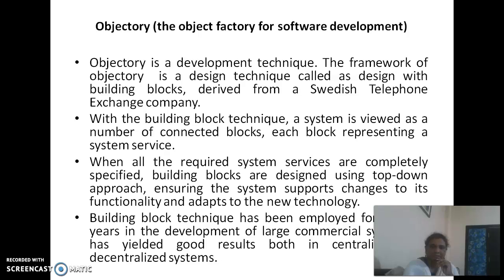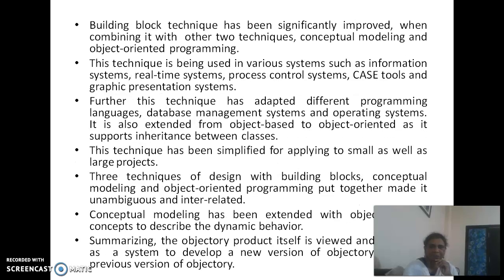The building block technique has been employed for over 20 years in the development of large commercial systems. It has yielded good results both in centralized as well as decentralized systems.